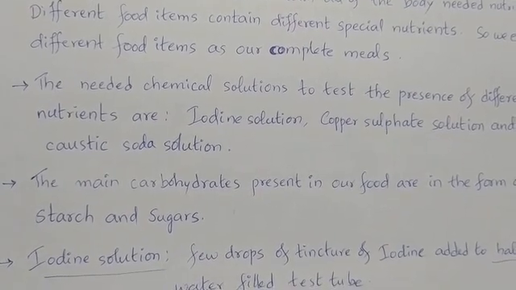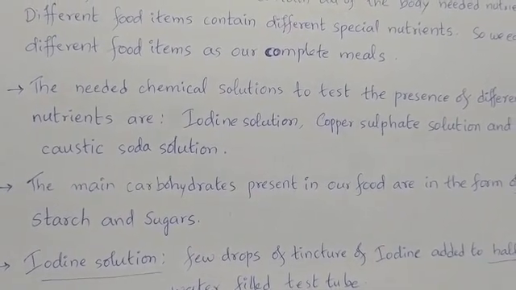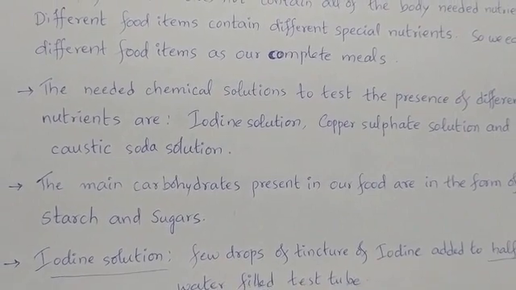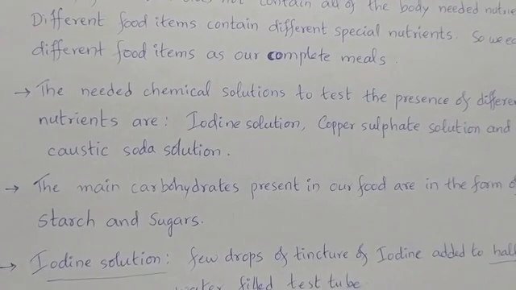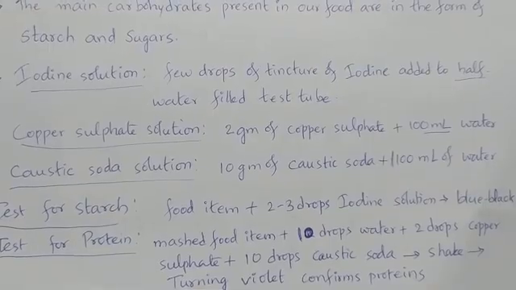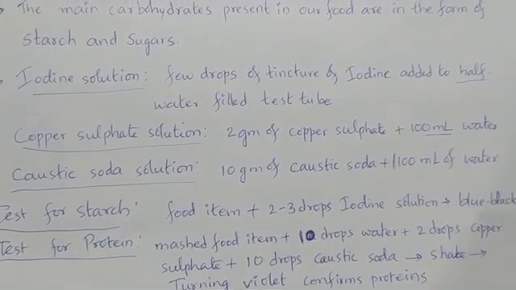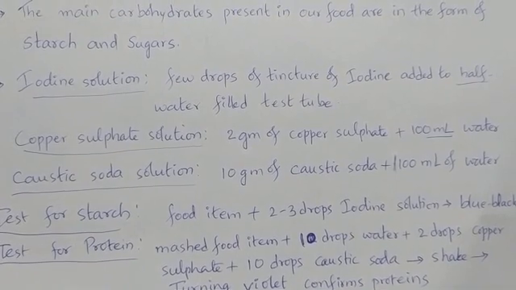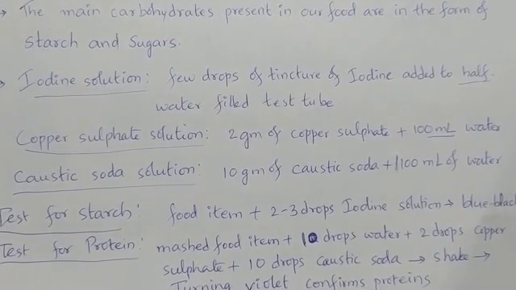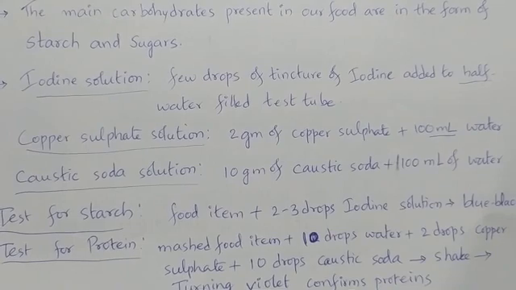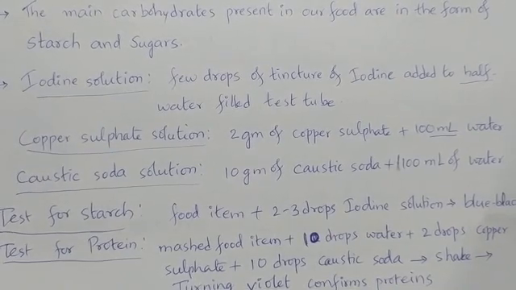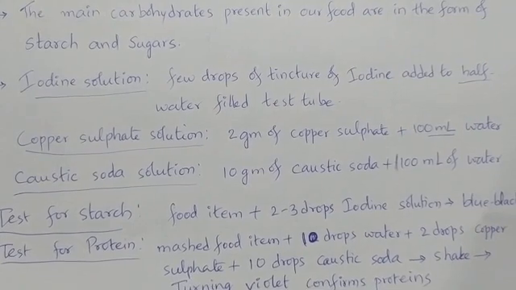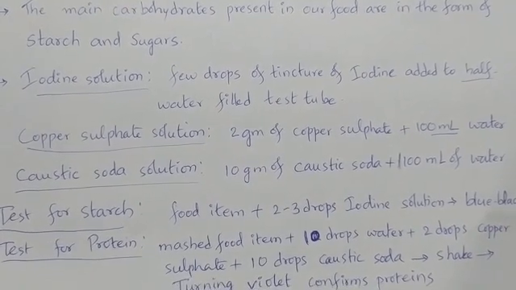Coming to the preparation of these three solutions: iodine solution, copper sulfate solution, and caustic soda solution. Iodine solution. To prepare iodine solution, you need to take a test tube in which you fill water to half of the level of the test tube.